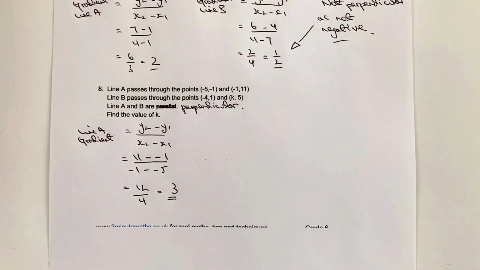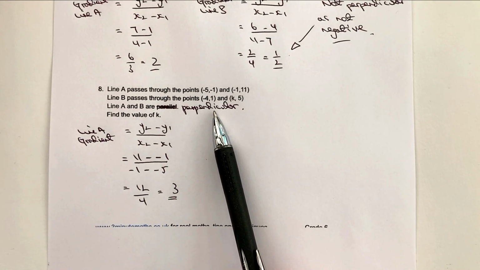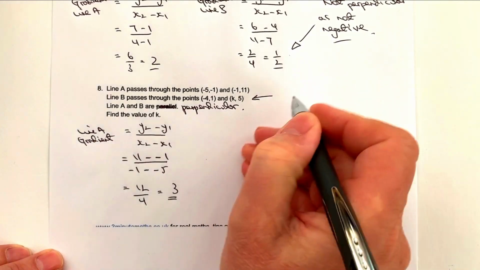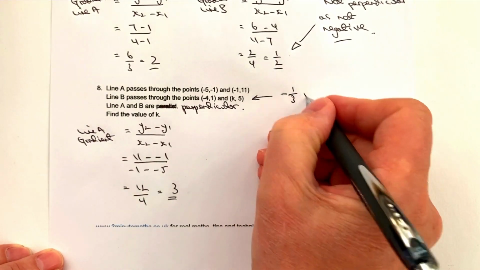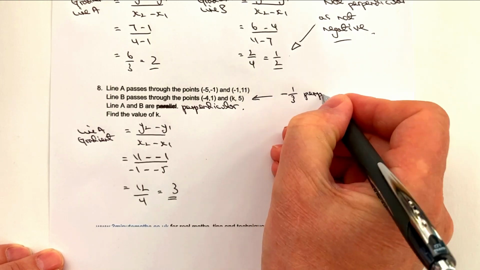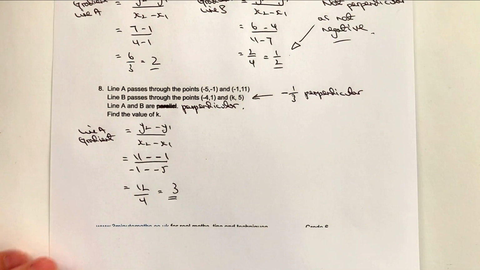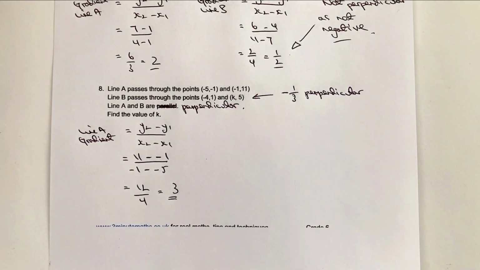Okay, so what we're saying is if line B is perpendicular, then it must be that the gradient of line B is going to be minus 1/3. It has to be equal to minus 1/3 because it is perpendicular, and it's the negative reciprocal. Okay, so we can use that information now in exactly the same formula to work out the value of k.